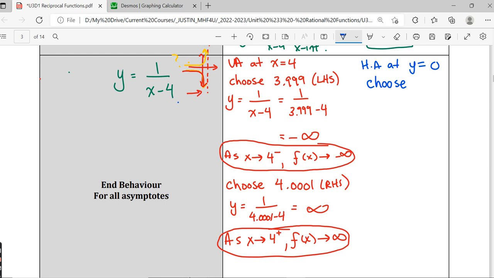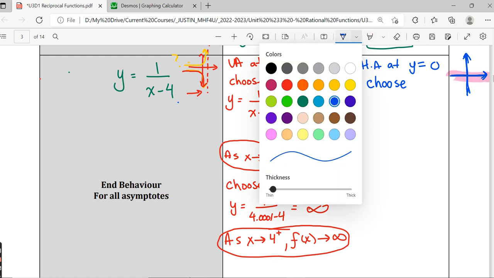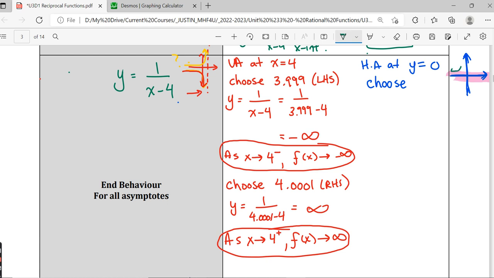So if I'm approaching from above or below, y equals 0 would be pretty much the x-axis, right? I want to know if my function is going to approach from above 0 or below 0 on this side, and over here from above or below. So how do I do that?